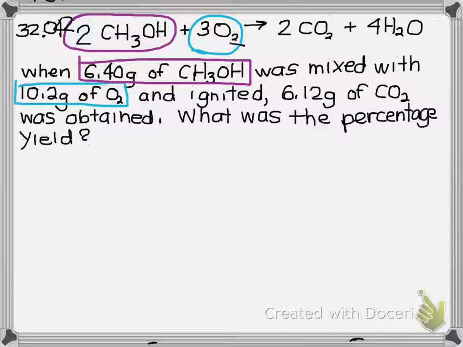Oxygen is 32.00 grams per mole, and CO2 is 44.01 grams per mole. So with the molar masses recorded, the 32.042 grams per mole for the methanol, 32.00 grams per mole for oxygen, and 44.01 grams per mole for the carbon dioxide, we're set to go.